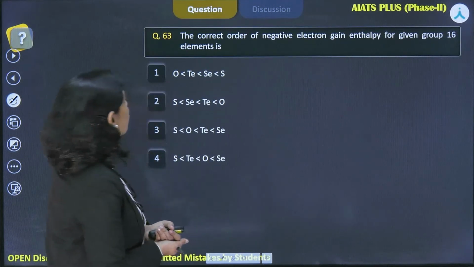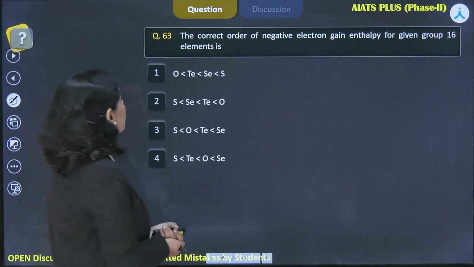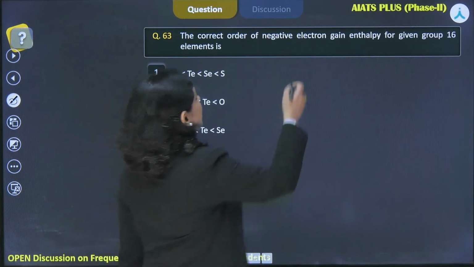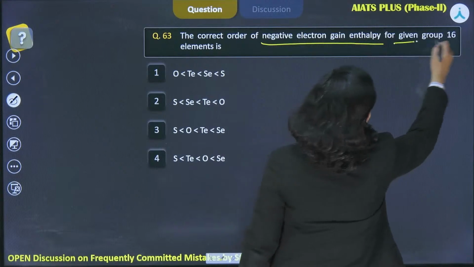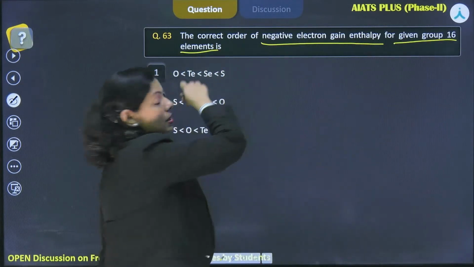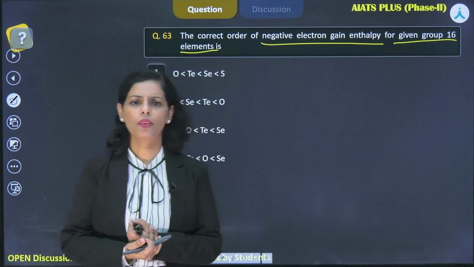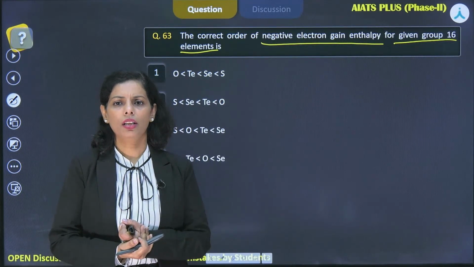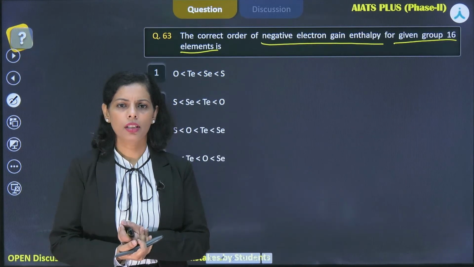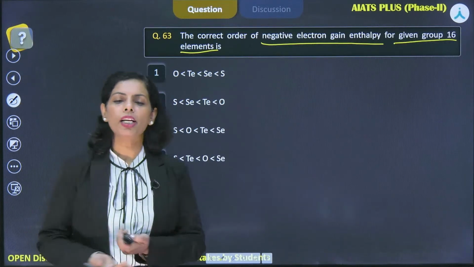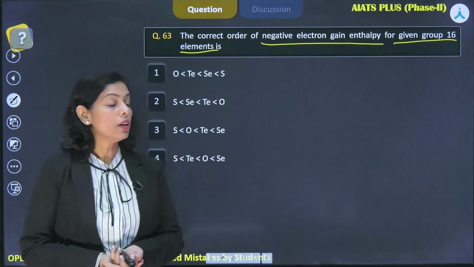Next is the question once again from the same chapter, and the question is the correct order of the negative electron gain enthalpy for the given group 16 elements. So what is the order of ionization enthalpy for this? Order of ionization enthalpy can also be asked, beta. That can also be asked.